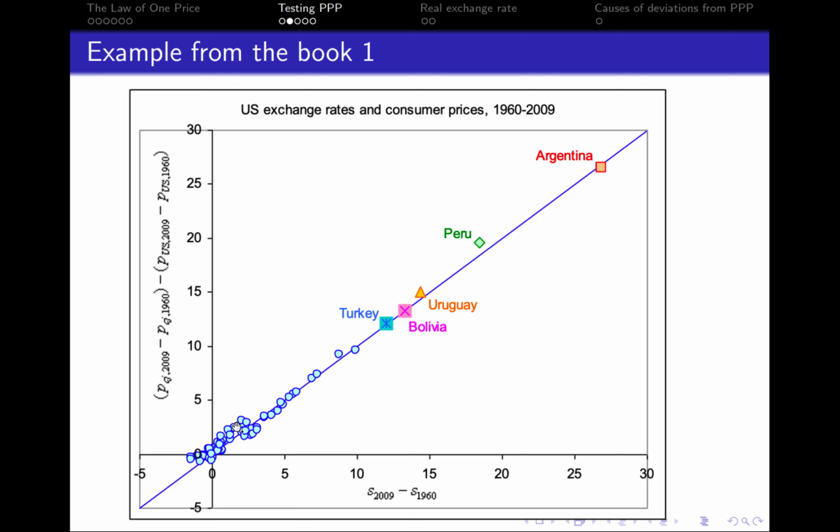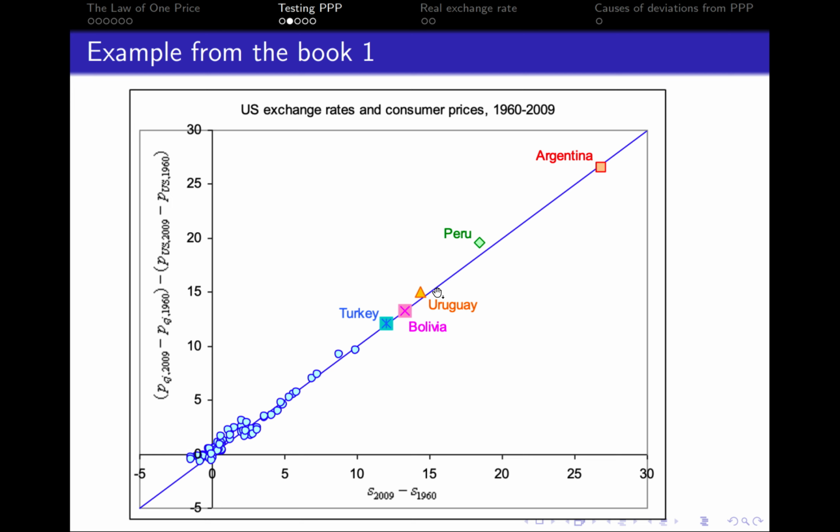And here we see a lot of clustering of countries. And here you can see Turkey, Bolivia, Uruguay, Peru, and Argentina, all countries that experienced periods of hyperinflation between 1960 and 2009. This is why they are over here.